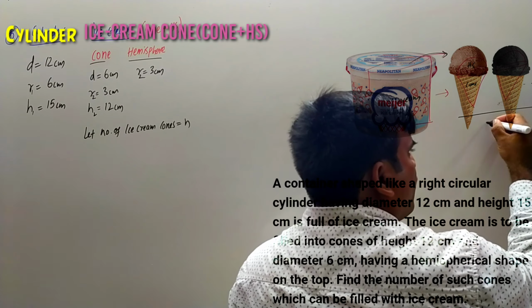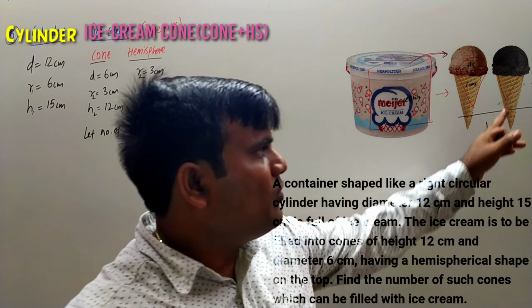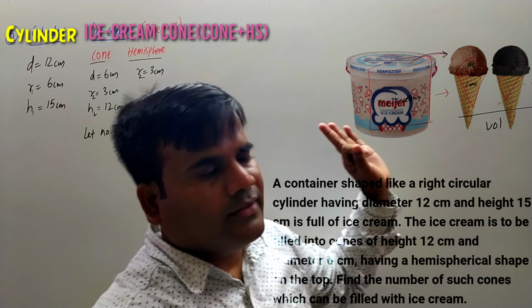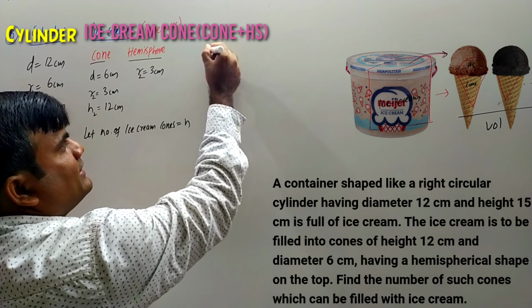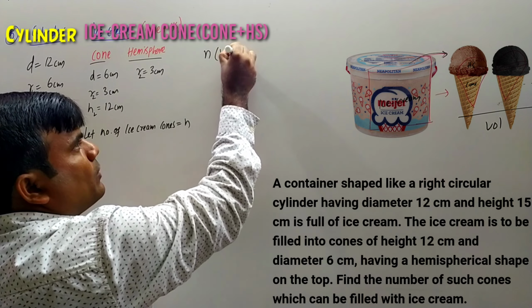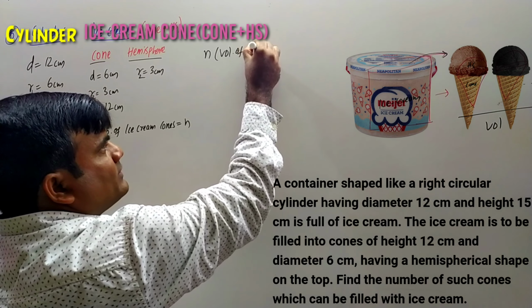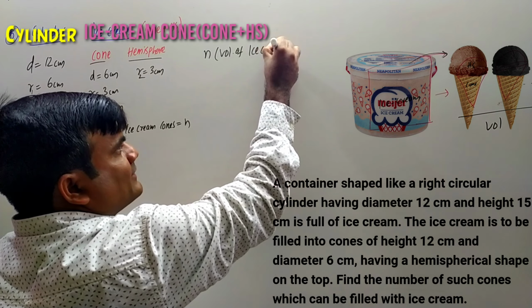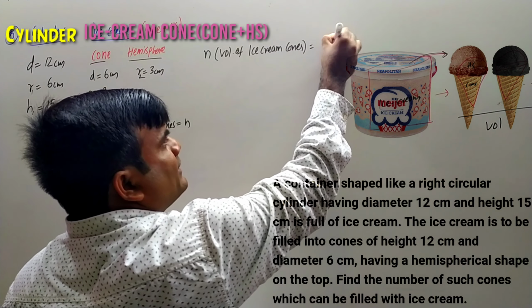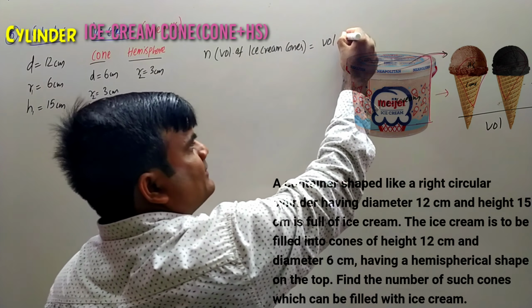So volume of all the cones is equal to volume of this container. So volume of cylinder is equal to n into volume of ice cream cones. Container is cylindrical shape.